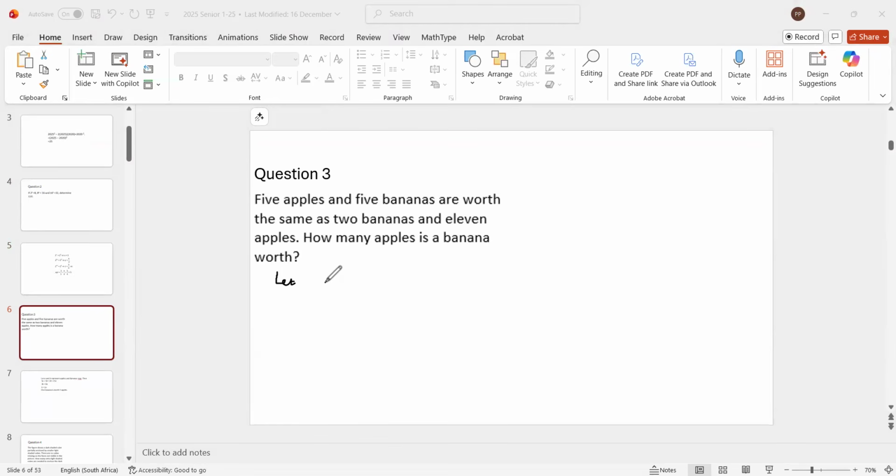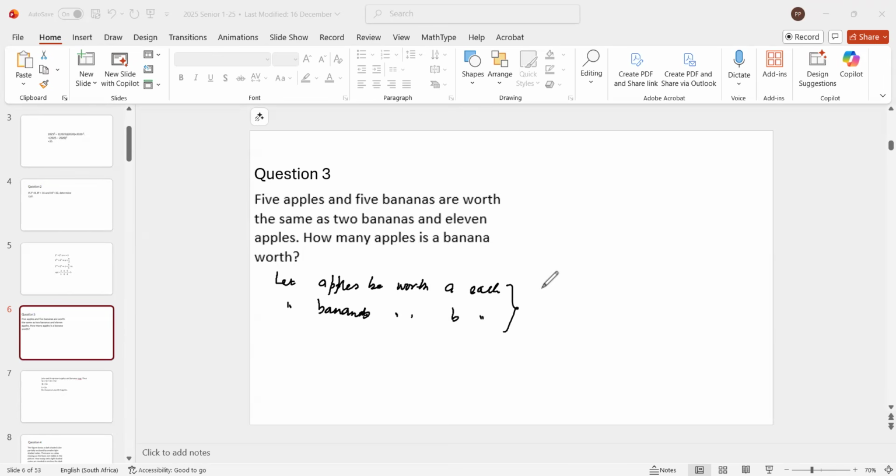So let apples be worth A each, and bananas, we can call them B. These fruits have been chosen nicely, so you can get A and B.